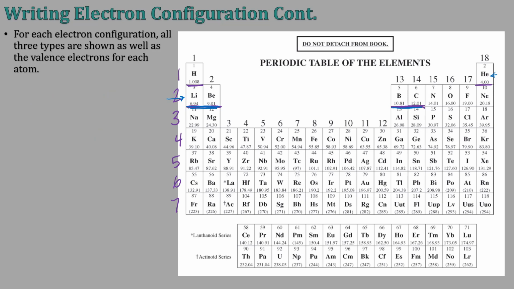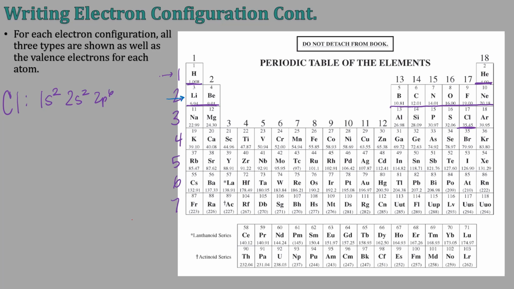All right, so I want to look at chlorine next. So we're going to start at the beginning right here, and I'm going to go all the way from the beginning to chlorine right here. So first I have 1s2, go all the way across. I have to completely fill the 1s, and then 2s2. Then I'm going to go across. That would be 2p all the way through 6.